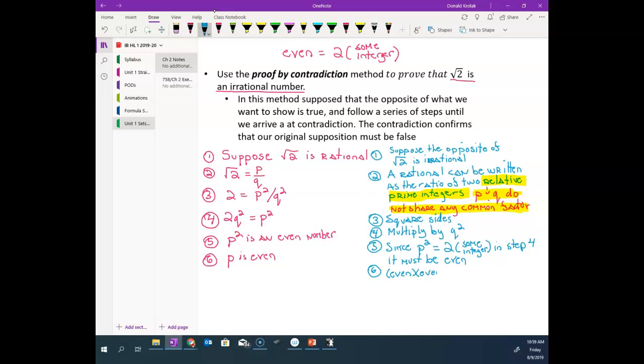An even times an even gives you another even. So that means p has to be even. So you see we established that p squared's even, so that means p is even.